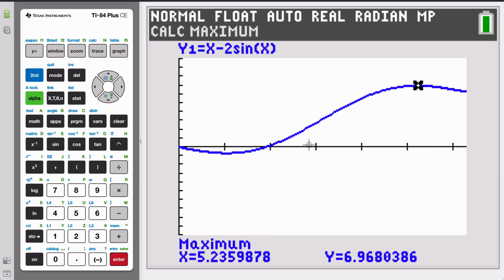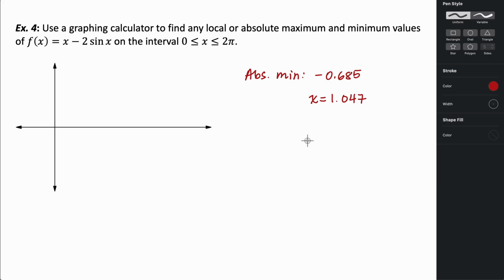Hit enter. And the maximum happens at x equals 5.236. But the actual value is 6.968. So let's look at the absolute max.